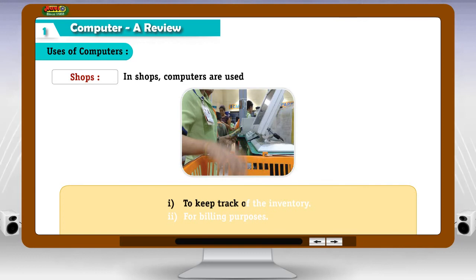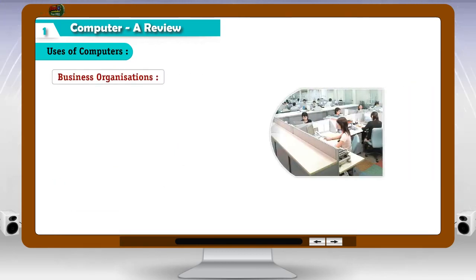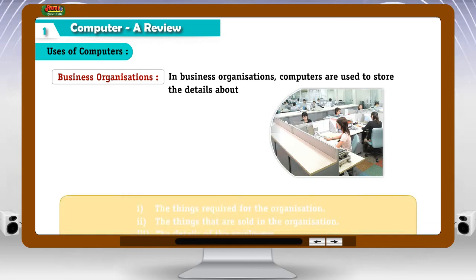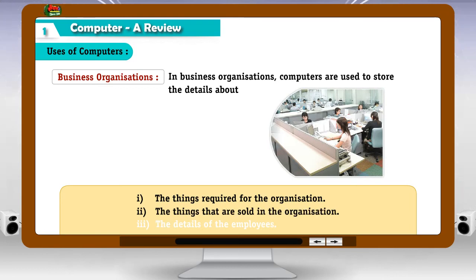To keep track of the inventory, 2. For billing purposes. Business organizations. In business organizations, computers are used to store the detail about 1. The things required for the organization, 2. The things that are sold in the organization, 3. The details of the employees.